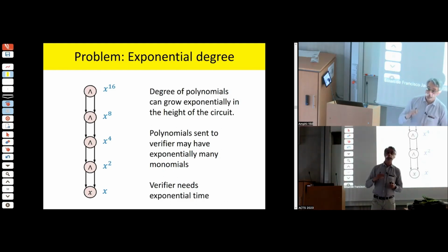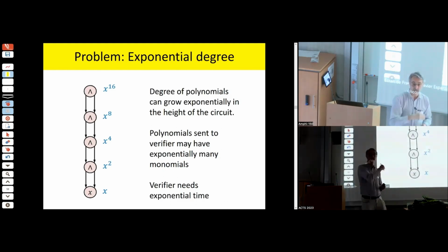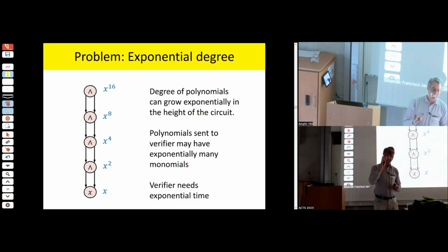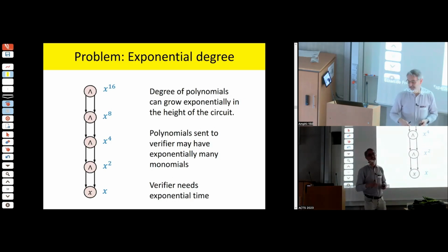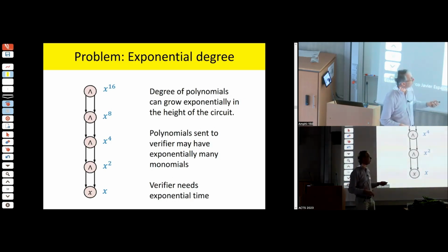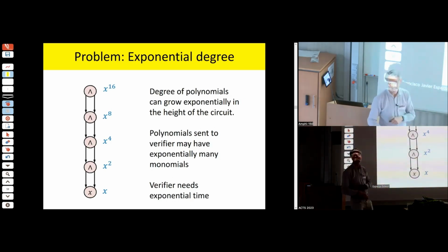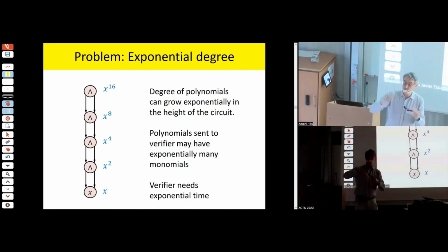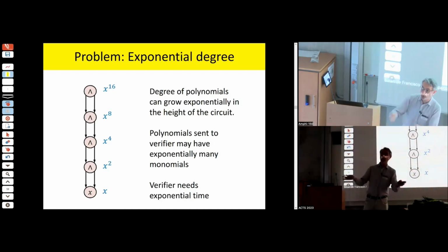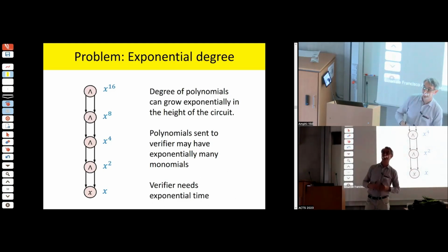But, as I told you, this one is not yet correct. And why? Well, the reason is that in this protocol I have presented to you, the verifier still needs exponential time. And why is that? Well, think, for example, of this tree. You can see that the degree of the polynomial may grow exponentially, right?